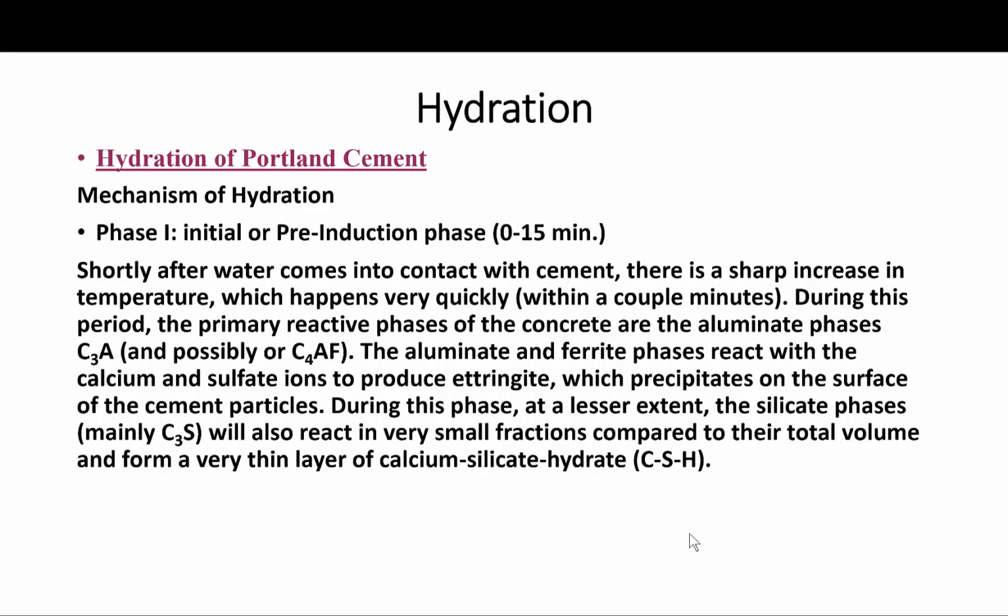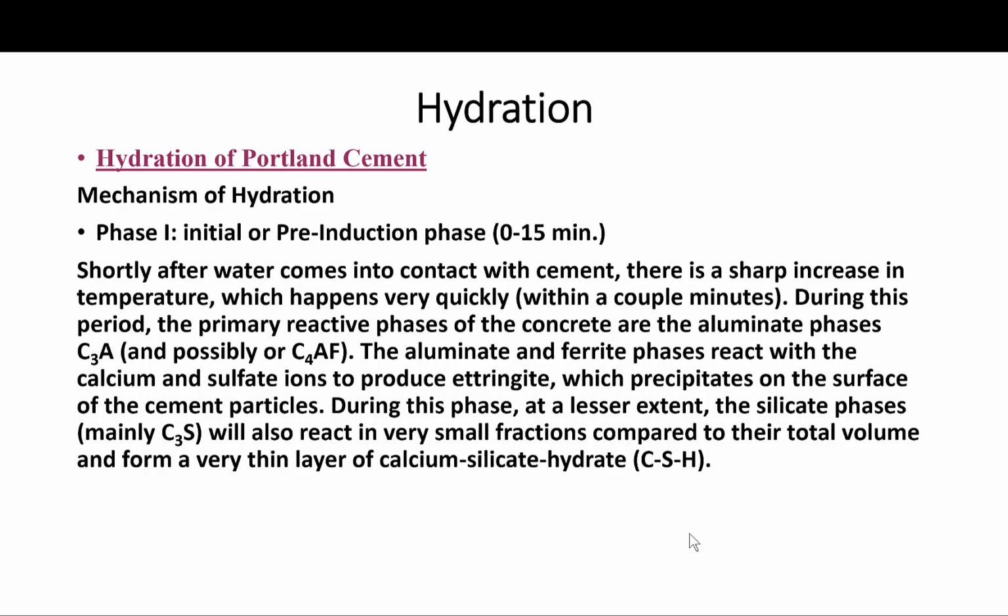During this period, the primary reactive phases of the cement are the aluminate phase, C3A, and possibly C4AF. The aluminate and ferrite phases react with calcium and sulfate ions to produce ettringite, which basically precipitates on the surface of the cement particles.